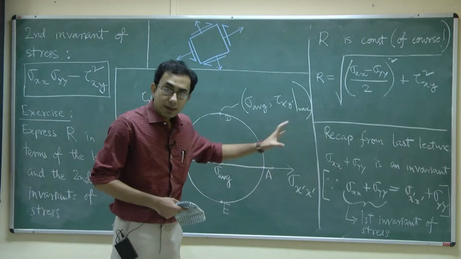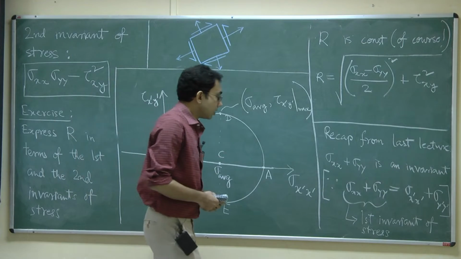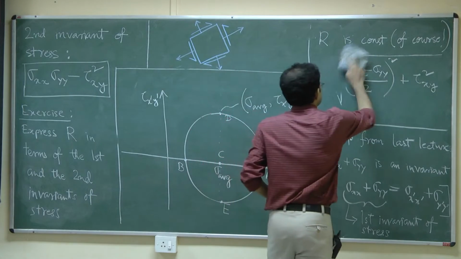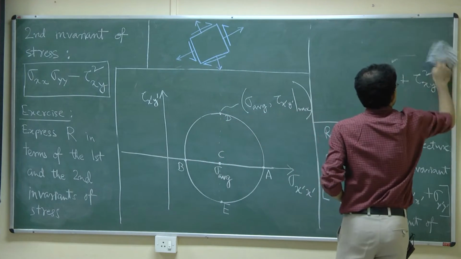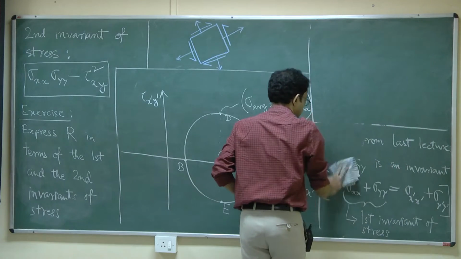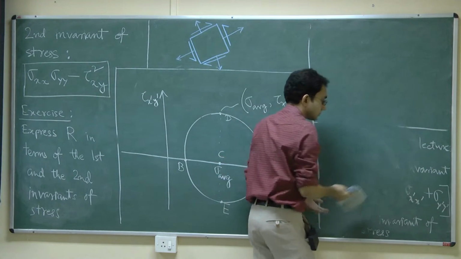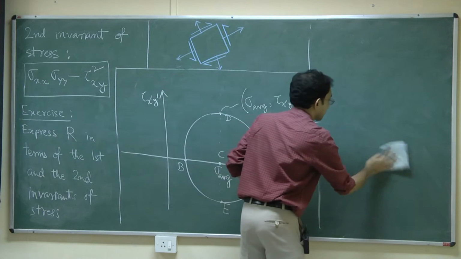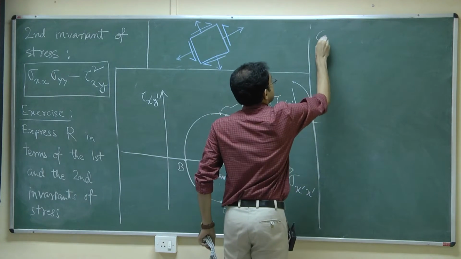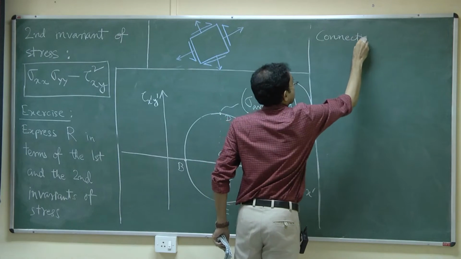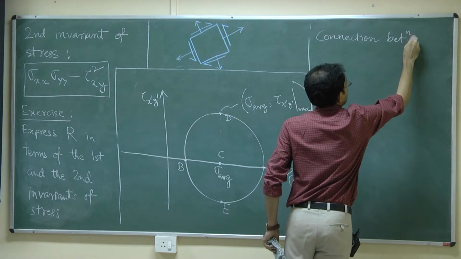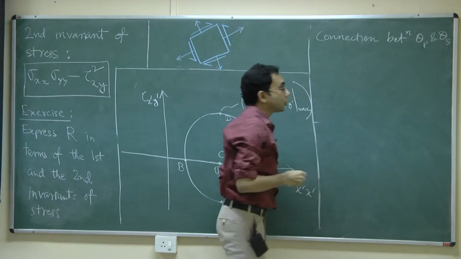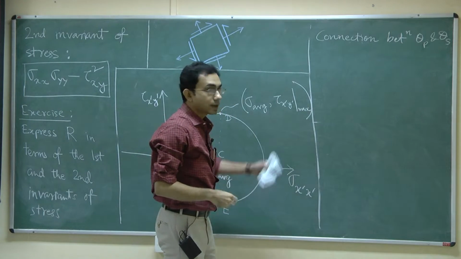Now let us quickly write them down again and see if we can obtain any connection that might possibly exist between them. Okay, connection between theta p and theta s. So let us quickly write down those expressions.